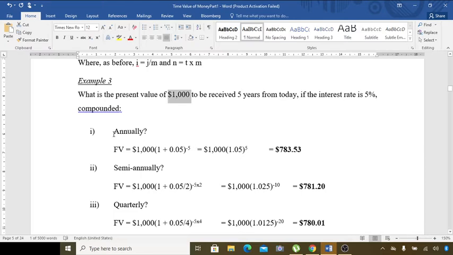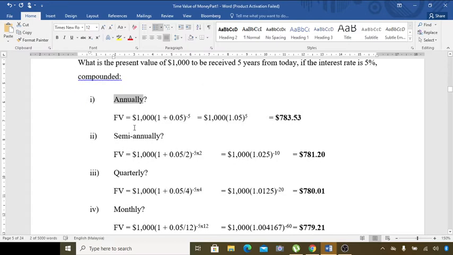Now with annual compounding, we use a formula. The future value, so it's not future value actually. This should be the PV, the present value. Now what we need to do is use the reciprocal of the formula, which is the present value formula.